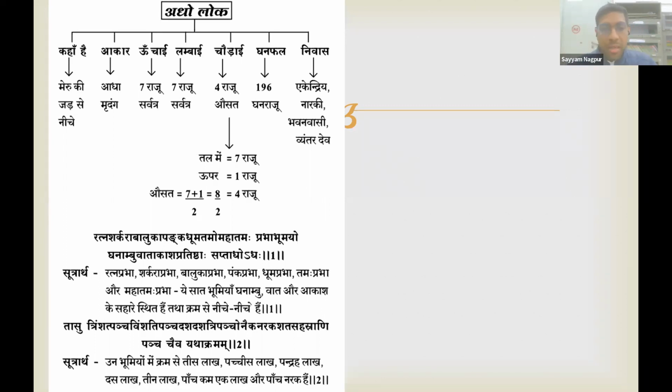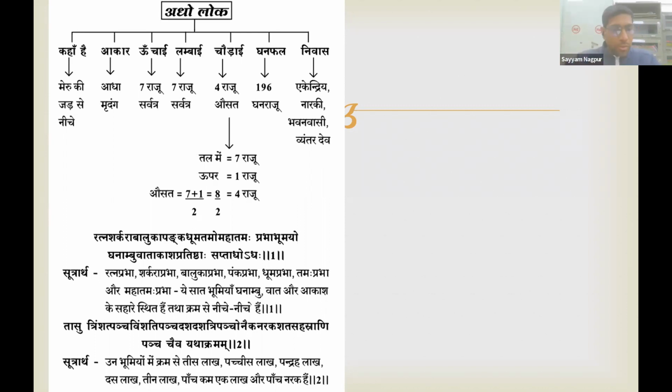So can somebody tell me Baluka Prabha or Pank Prabha? Which one of them is below? Baluka Prabha. Nope. I said one below the other. So the uppermost will be Ratnam Prabha and the belowmost will be Mahatam Prabha, right?